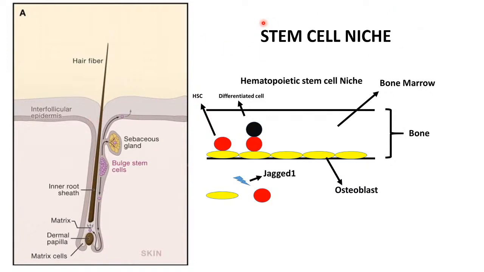Very important. Now, what do you mean by the word niche? Niche we actually learn in ecology, and it is defined in ecology as a territory, or in simple words, niche is nothing but the comfort zone.